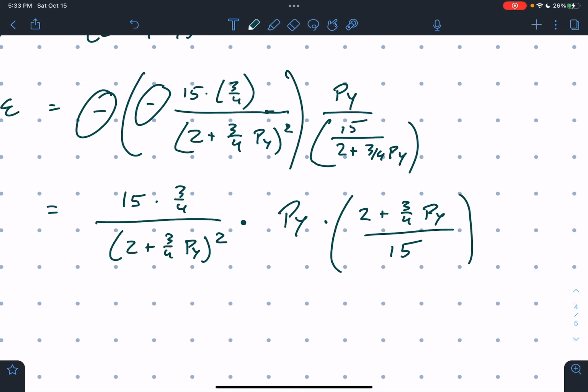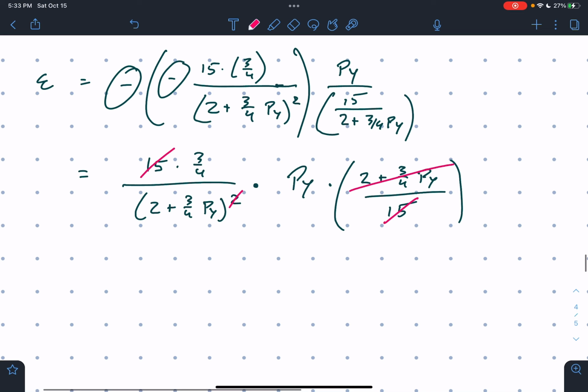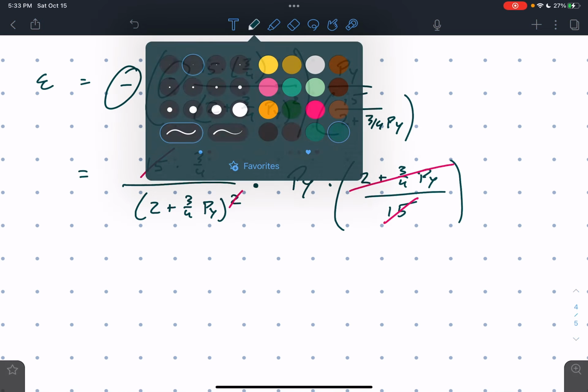Again, I just multiplied by the reciprocal. So we get some cancellation here. There's a 15 that goes away. This 2 plus 3/4 py cancels with one of these twos down here. So I'm just going to write it like that. And then we're left with the following elasticity.